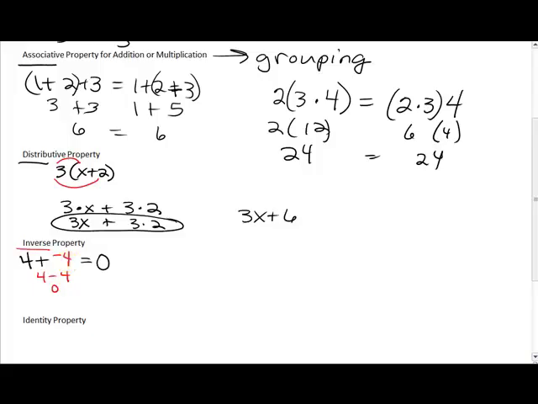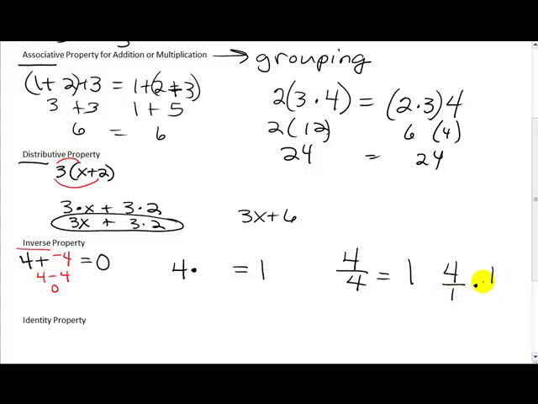For multiplication, you have to think a little bit harder. We don't want to get 0. We want to get 1. So what can we multiply times 4 to get 1? Remember when we talked about fractions, we said if we had 4 over 4, that would equal 1. Well, whole number 4 is the same thing as 4 over 1.